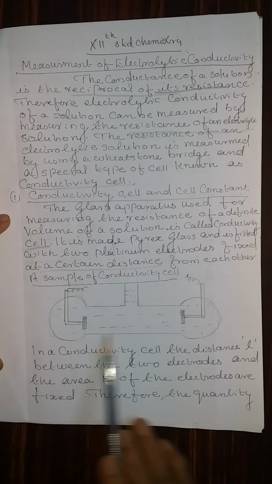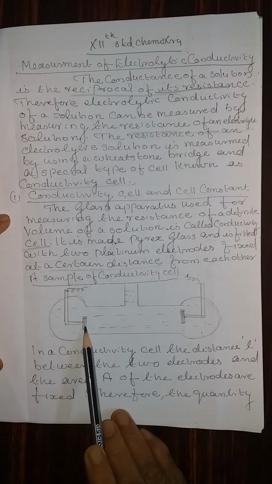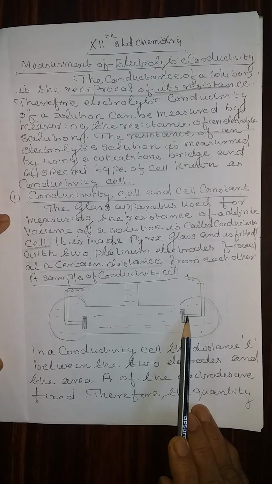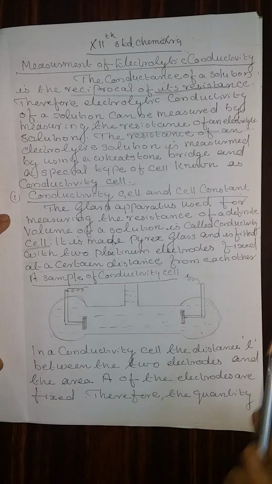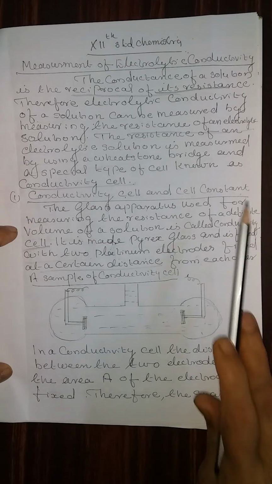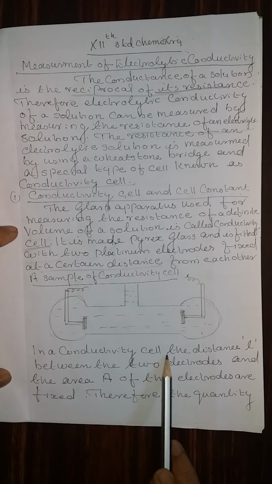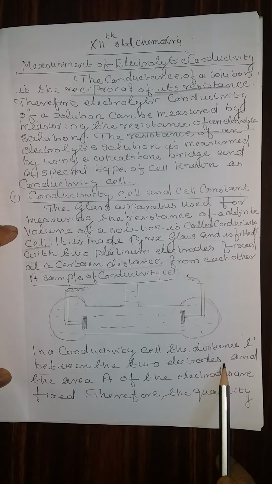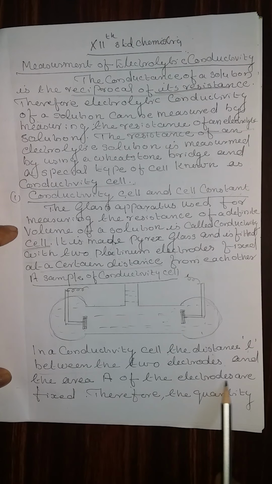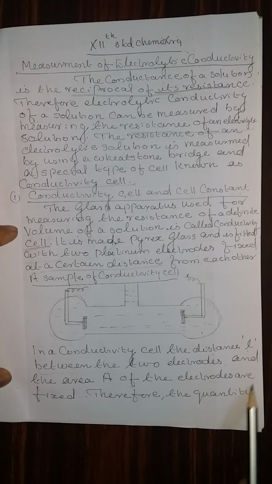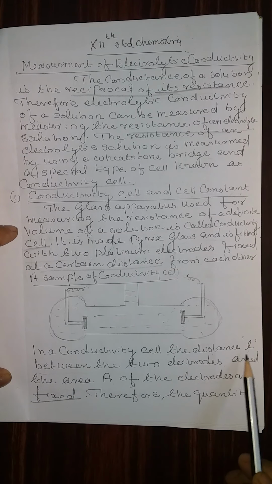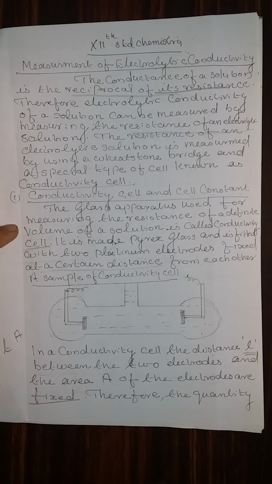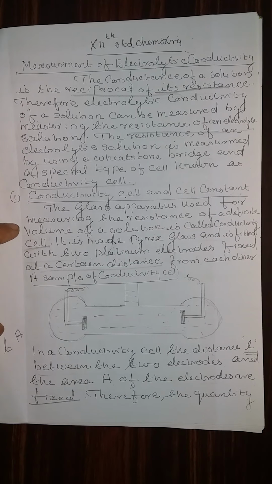A sample of the conductivity cell is shown. These are the electrodes, kept at a fixed distance, and based on that we will derive an equation regarding the cell constant. In a conductivity cell, the distance l between the two electrodes and the area of cross section A of the electrodes are fixed. These two terms, l and A, of a conductivity cell are always fixed.